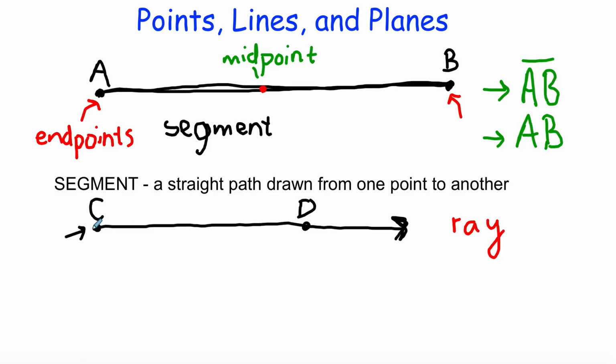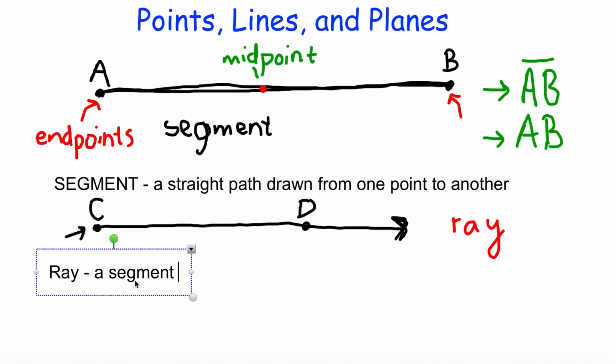It's a segment where it extends in one direction, and the technical definition of a ray is a segment that continues in one direction.